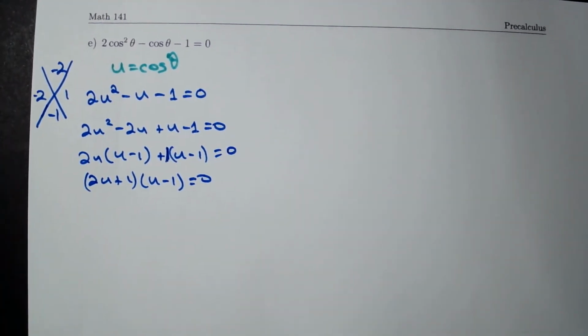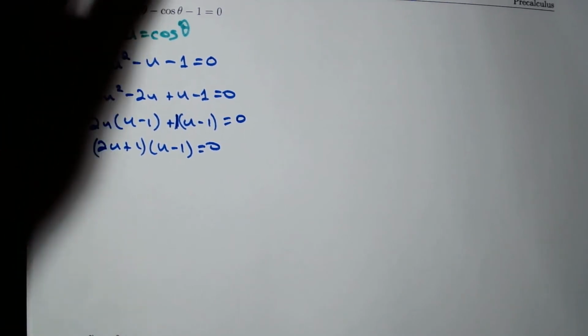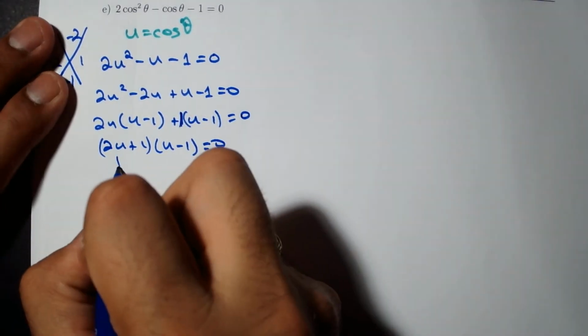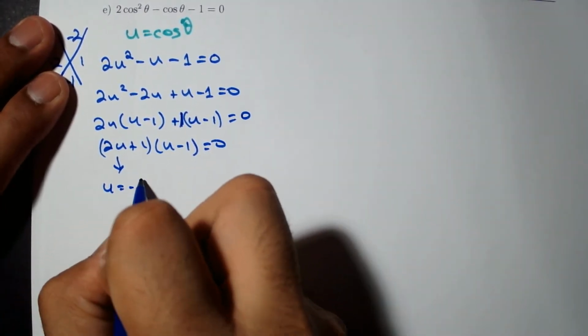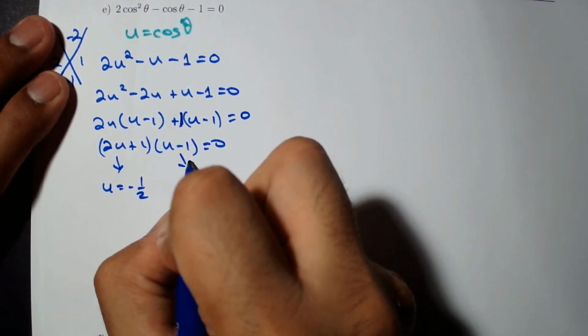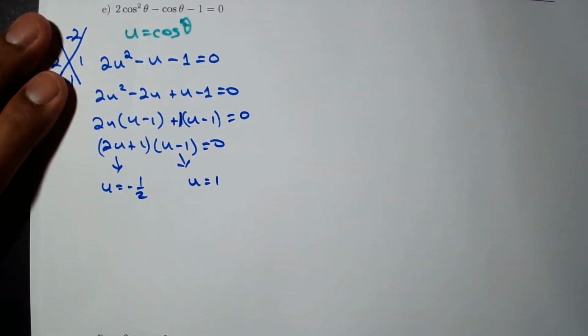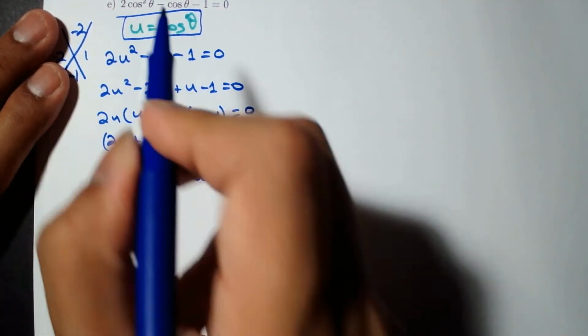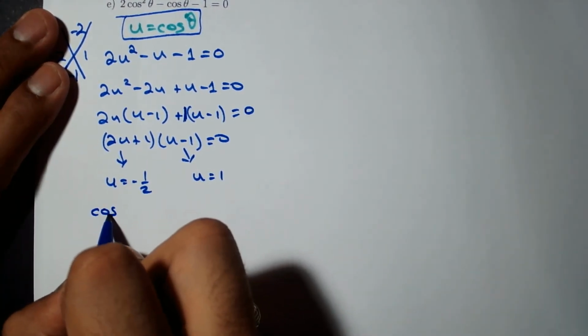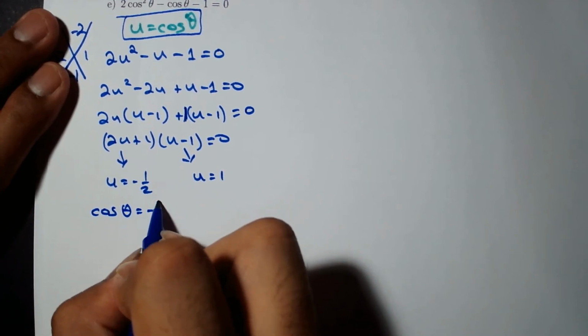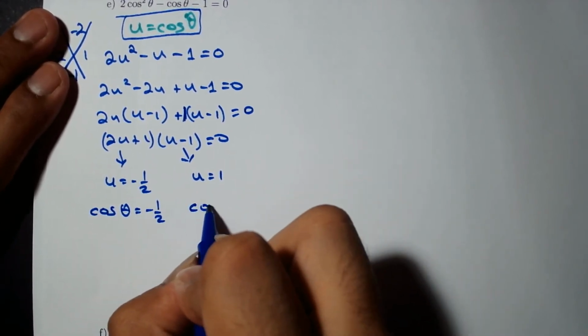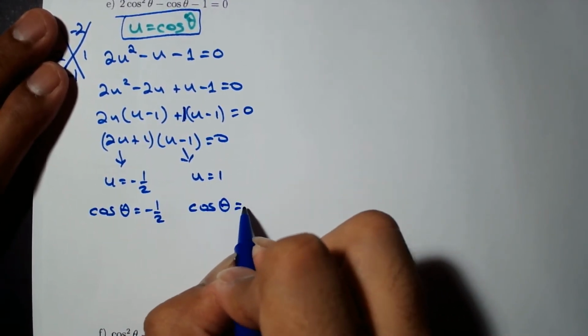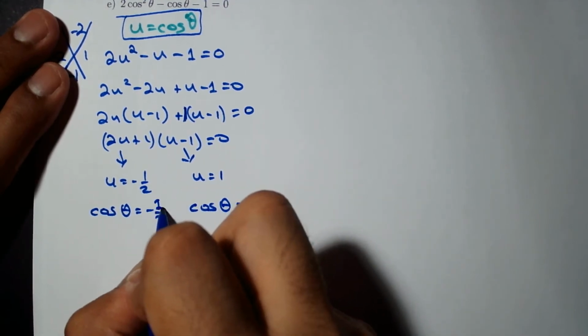Once we have this factored, u equals negative 1/2 and u equals 1. But we need to back substitute for u. What was u? Cosine theta. So cosine theta equals negative 1/2 and cosine theta equals 1.